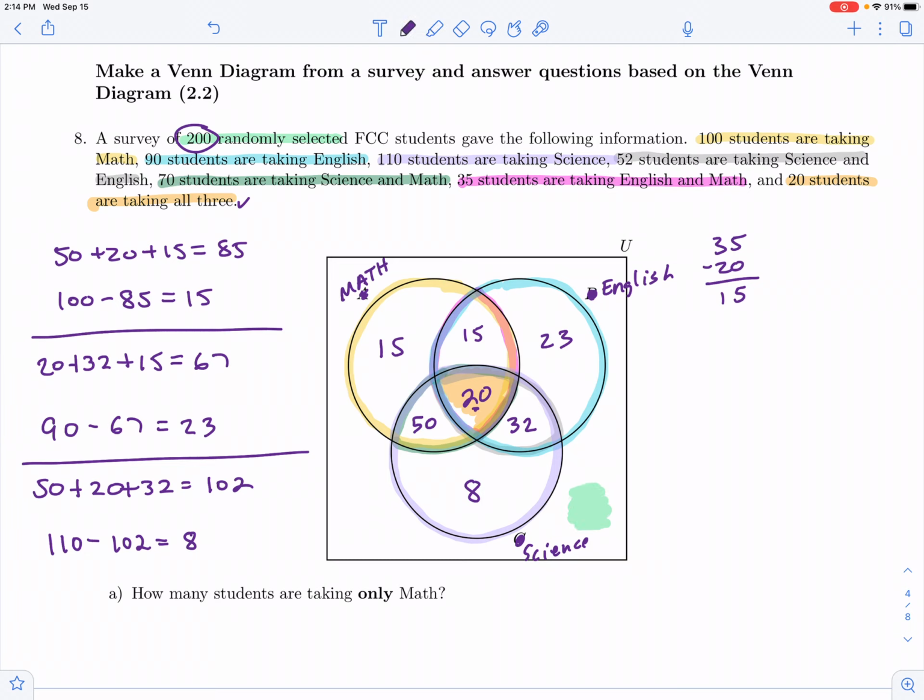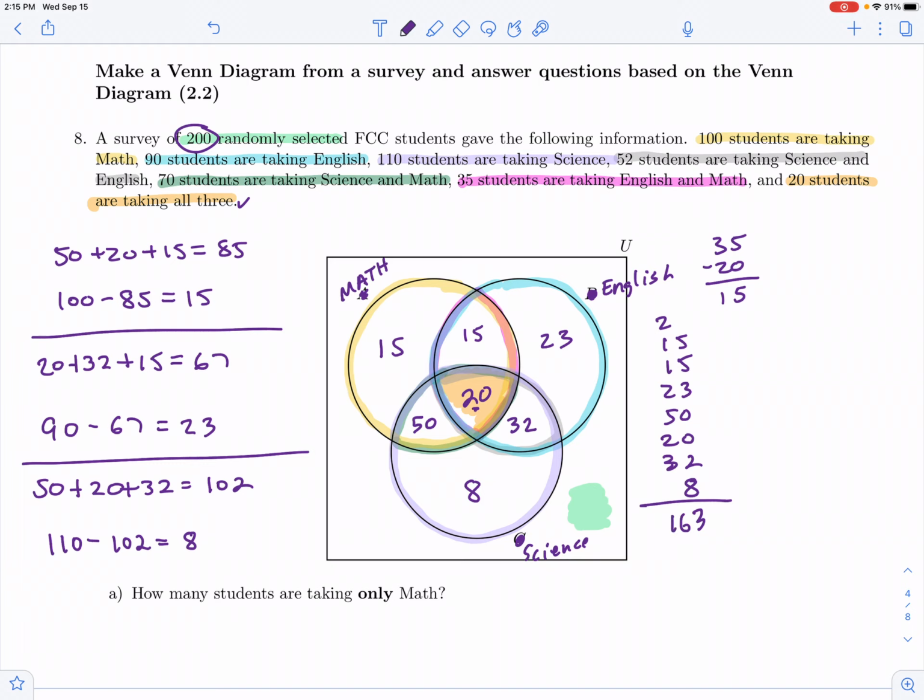So what we want to do is go ahead and add all these numbers together. So 15, 15, 23, 50, 20, 32, and 8. Let's see, so we get 10, 20, 23. So 3, 5, 10, 12, 13, 14, 15, 16.